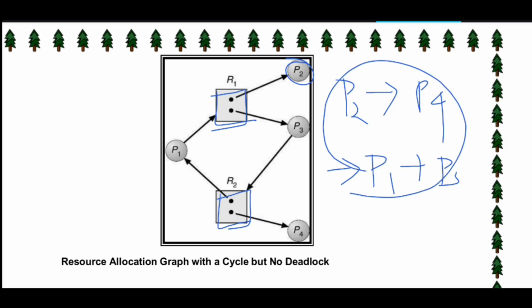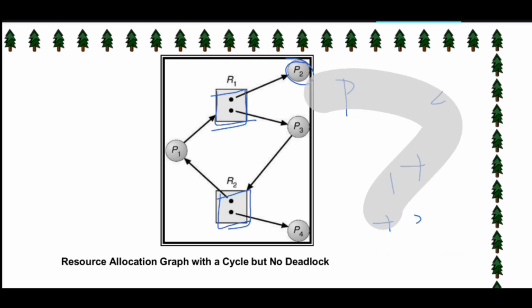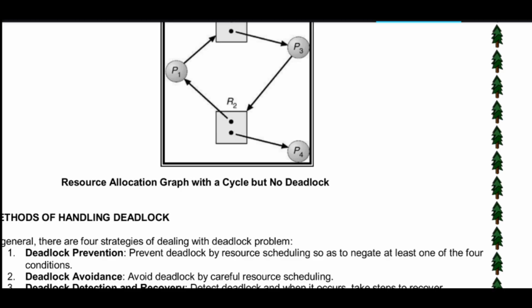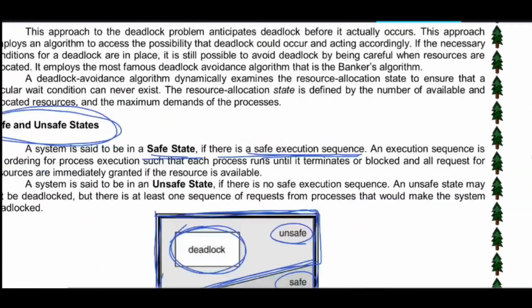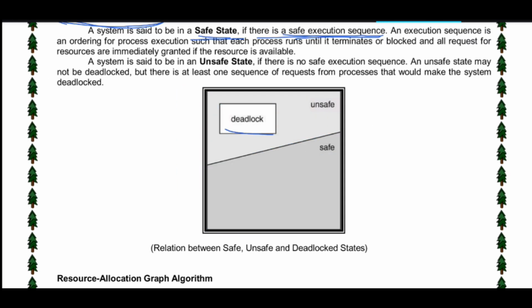This is a safe sequence. Also P4, then P2, then P1, then P3. These are all safe sequences. If the sequence has no deadlock condition, there is no chance of deadlock, then this is a safe state. If there is a chance of deadlock, then this is an unsafe sequence.